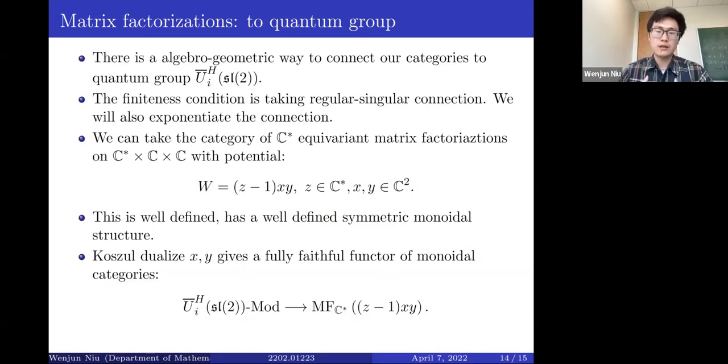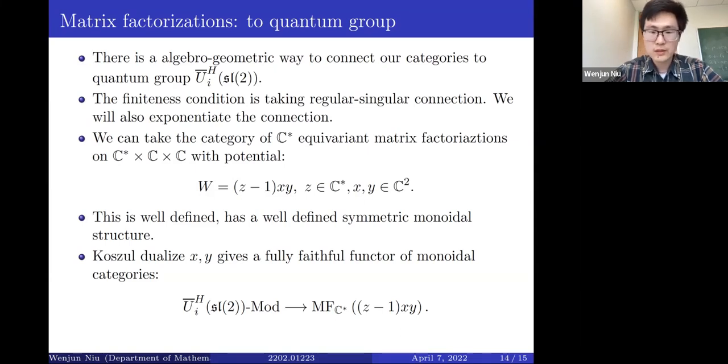In this quantum group, there are generators K, E, and F. If you take Z to be K squared, X to be E, and Y to be K of F, then that's exactly the commutation relation of quantum groups.